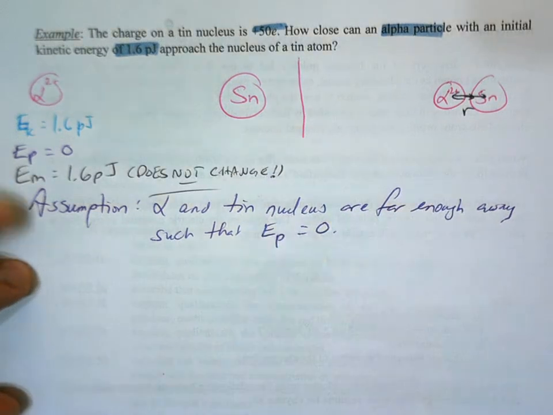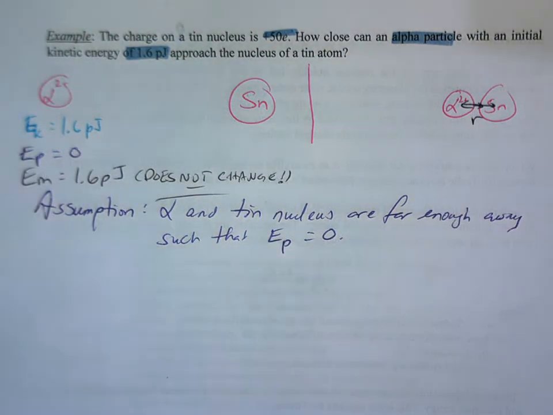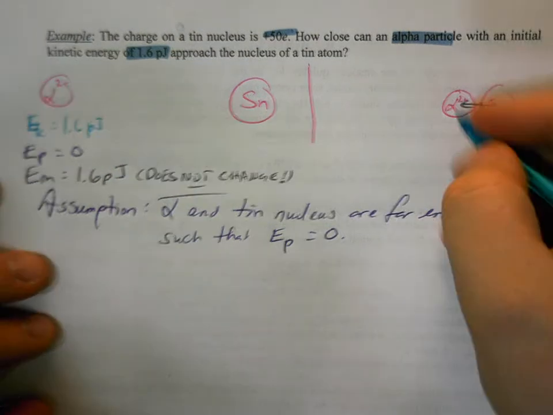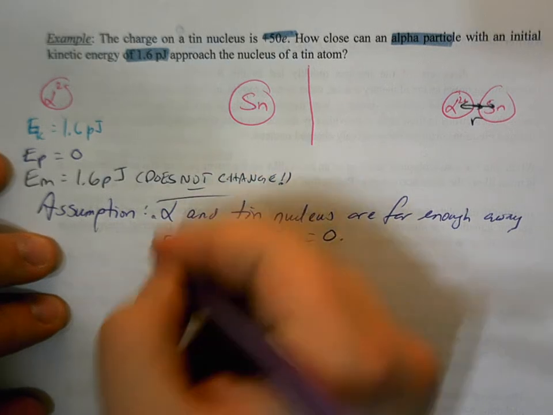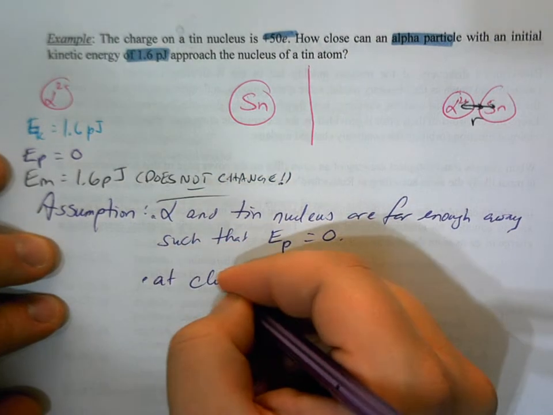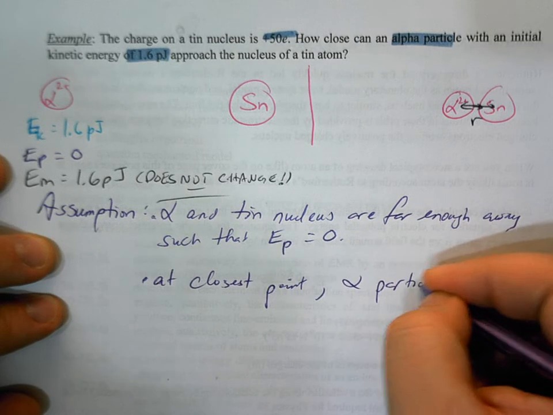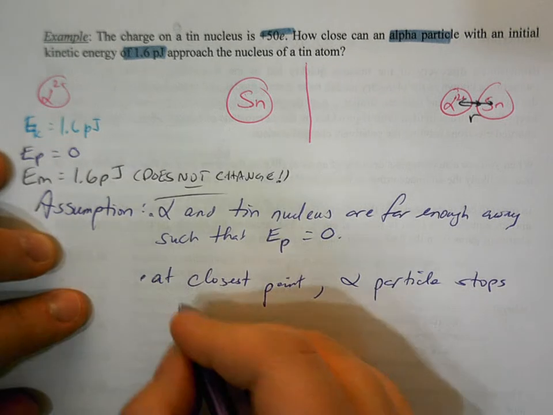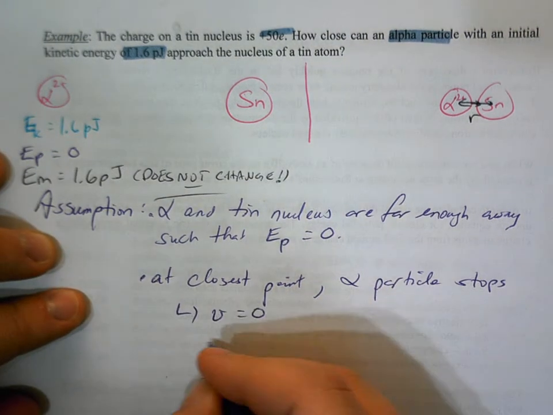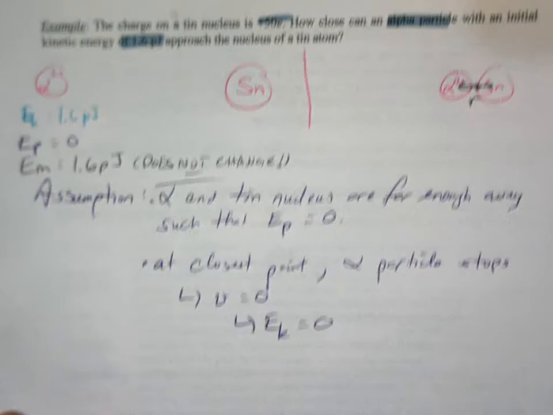Now, when this thing gets to closest approach, we're going to assume that at the closest point, the alpha particle stops. If the alpha particle stops, its speed is zero, which allows us to say that the kinetic energy is zero.